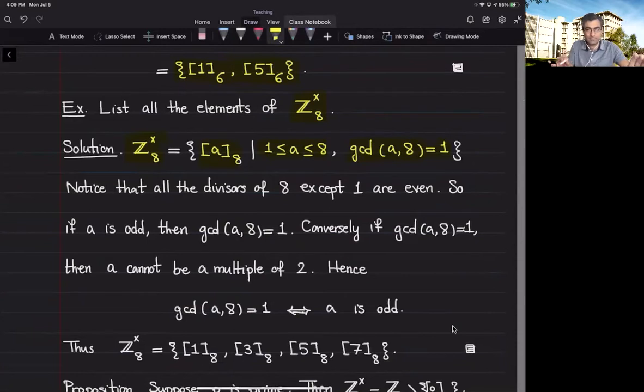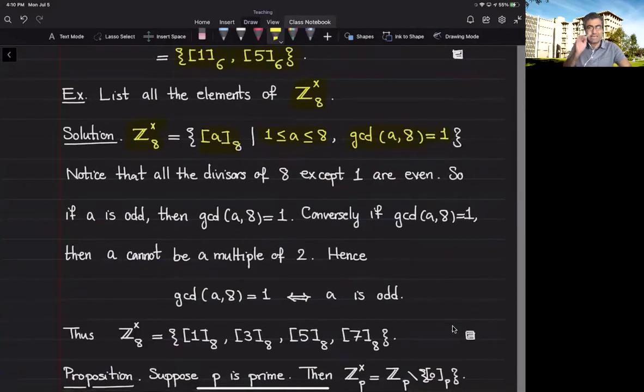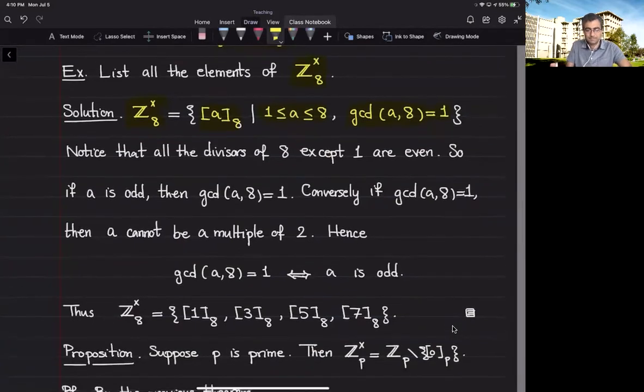Okay, so what does that mean? If I start with an integer that's not even, then it should be co-prime with 8. So every odd number is co-prime with 8. And vice versa, if it is even, of course, it has 2 in common with 8, therefore they cannot be co-prime. So altogether, we deduce that GCD of a and 8 is 1 if and only if a is odd.